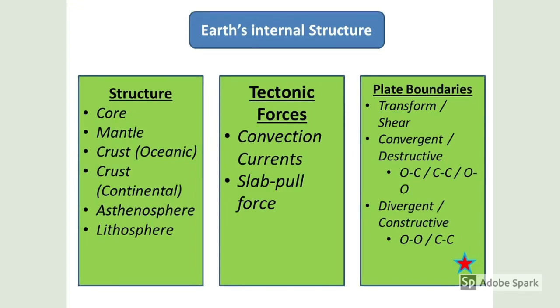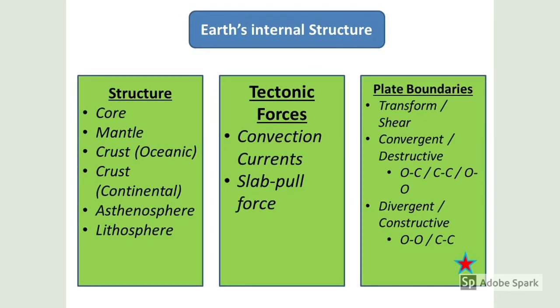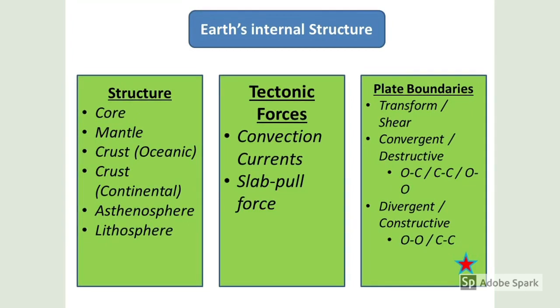This idea that the core is hotter than the crustal area, therefore warmer magma is pushed upwards, and as it goes upwards towards the crust, it cools down and it slides underneath the crust, pulling it away from its original location, resulting in the crustal movement itself. Now this cooler crust will then, as a result of the cooling down, sink downwards towards the mantle again, forming a convection current that is ongoing that creates all these tectonic forces.